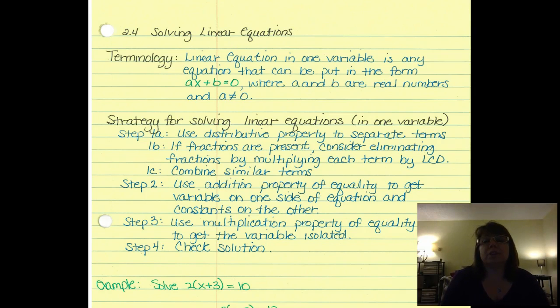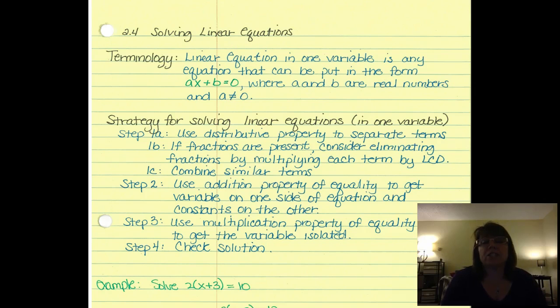Once we combine similar terms on both the right and the left, we're going to use our addition property of equality to get the variable on one side and the constants on the other side. And again, it doesn't matter if you choose to always move the variables to the left, or always move them to the right, or a hodgepodge of that.